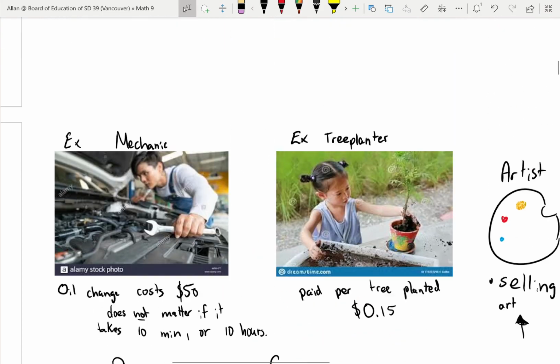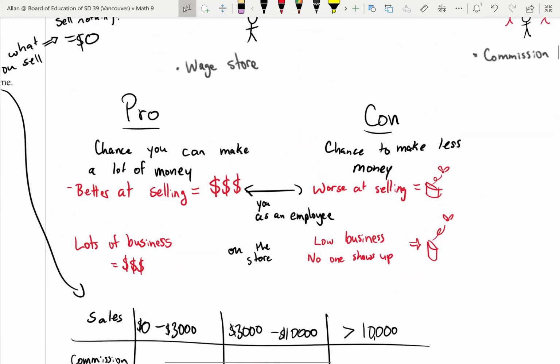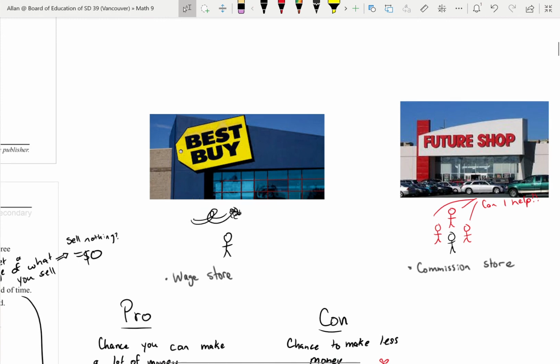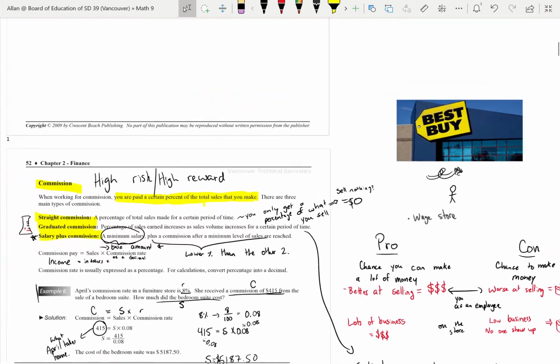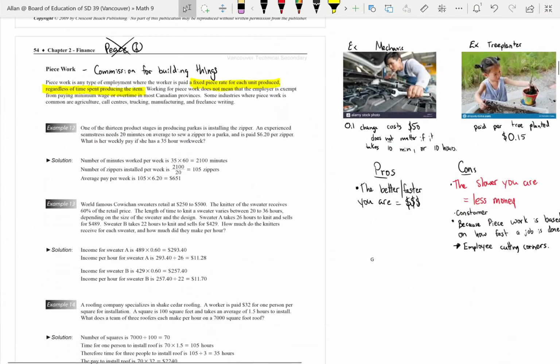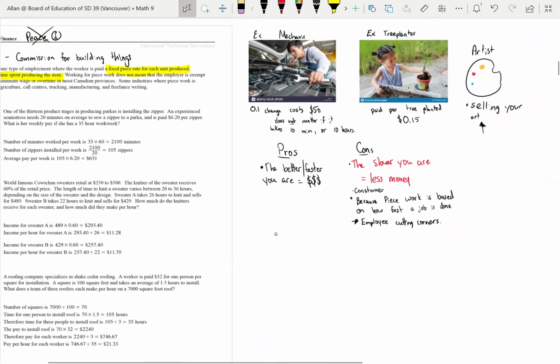In fact, this actually applies to commission as well. Because all that is involved is making a sale, the person can try and take advantage of you by selling you something that maybe you don't need. So in both commission and piecework, there's this issue with honesty. So as a customer, it's important to be aware of which stores do this to try and avoid being taken advantage of.